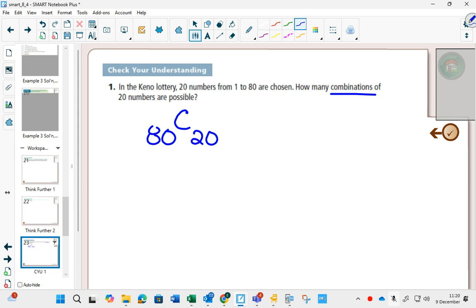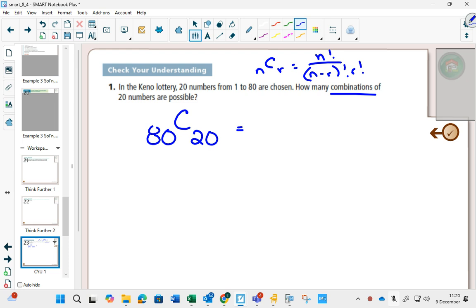And sometimes I use the word choose, because if you're choosing things, the order doesn't matter because you're collecting them all. We have 80 numbers, we need to choose 20 of them. And what makes the combination formula easy, here I'll write it out because the formula itself doesn't look easy.